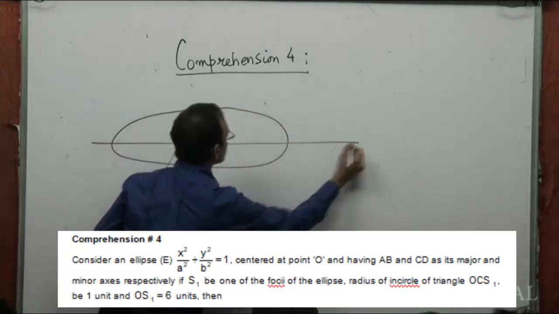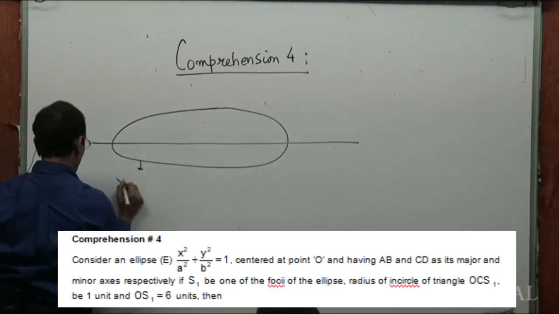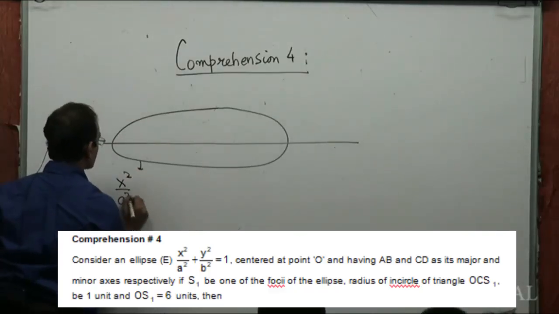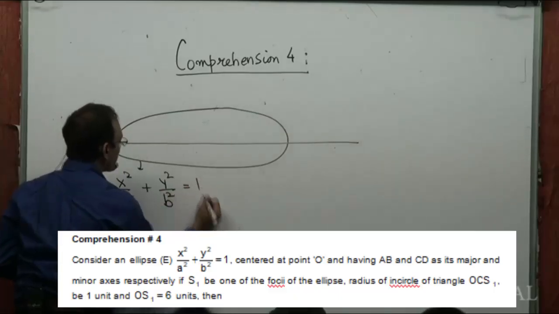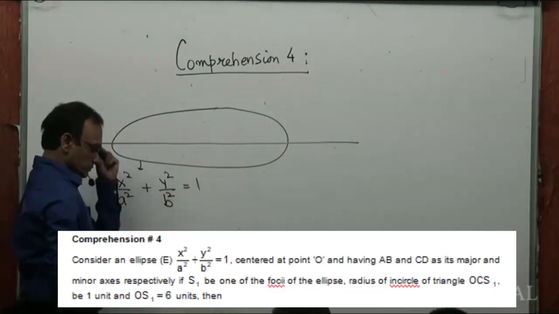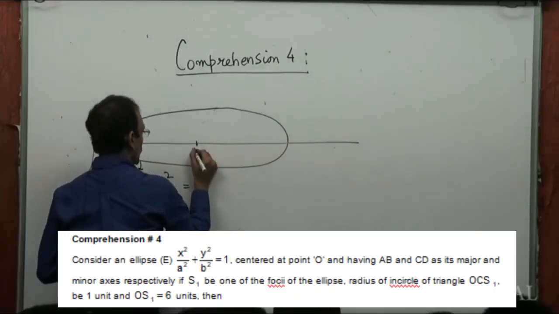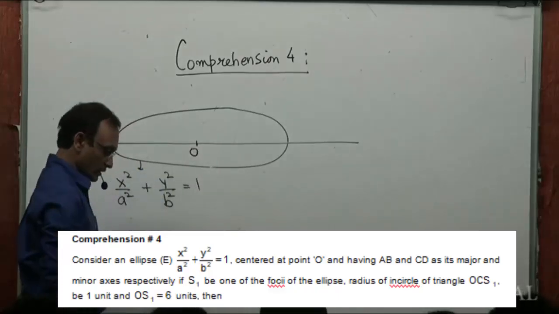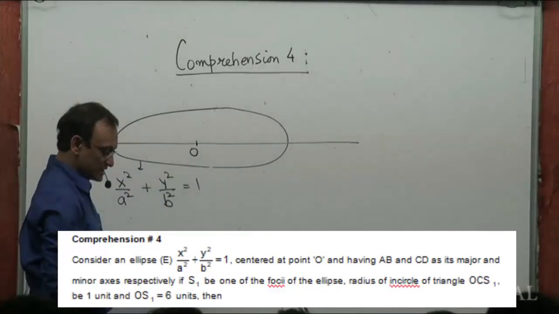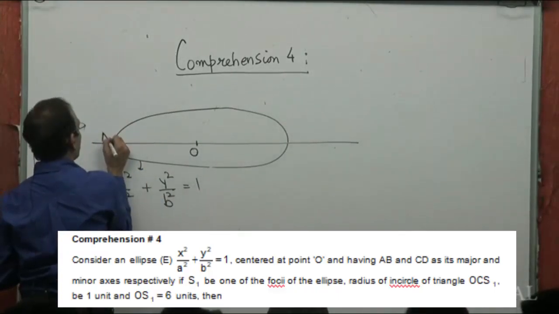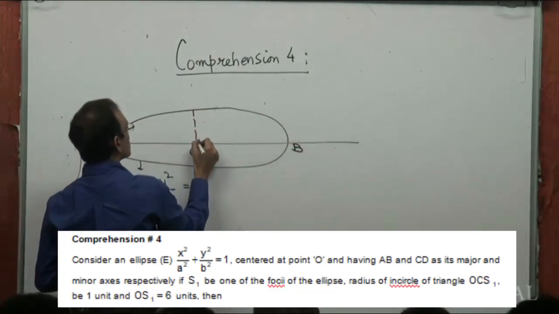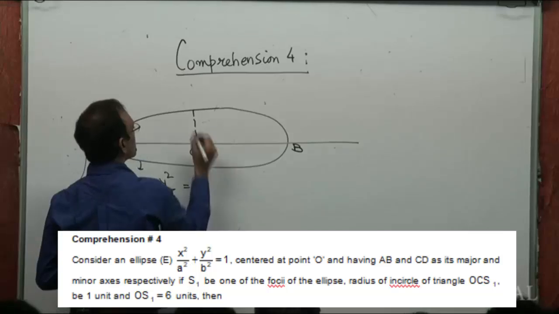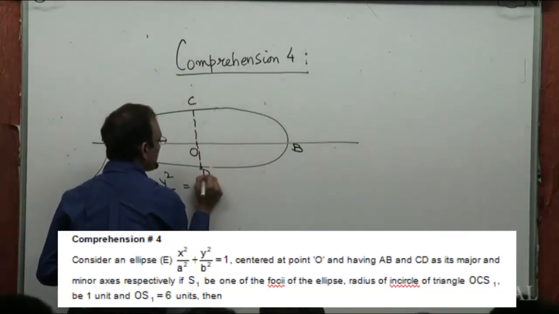This is the major axis of the ellipse. The ellipse is x squared by a squared plus y squared by b squared equal to 1, centered at O, having AB and CD as its major and minor axes. AB is the major axis, CD is the minor axis.